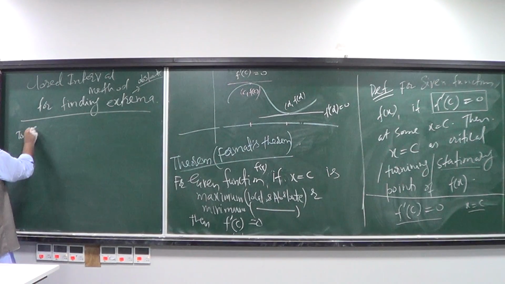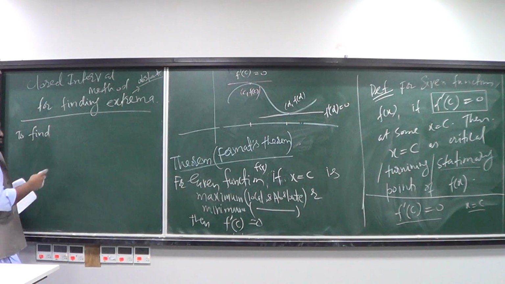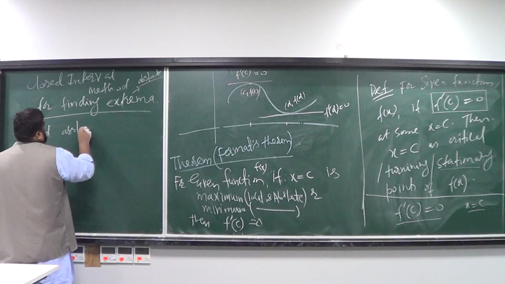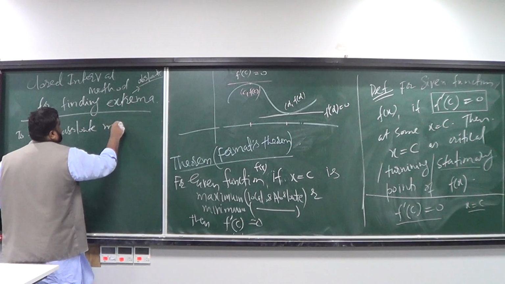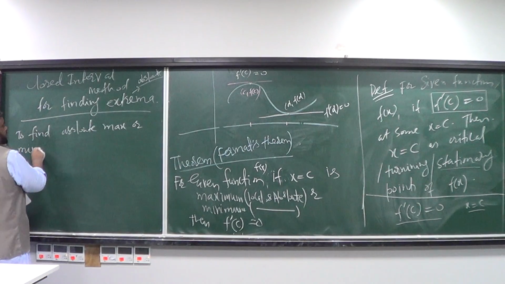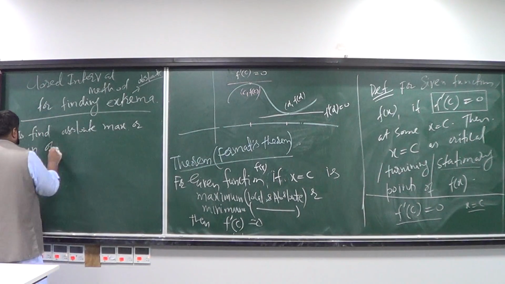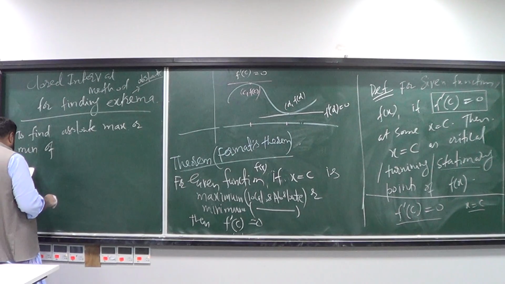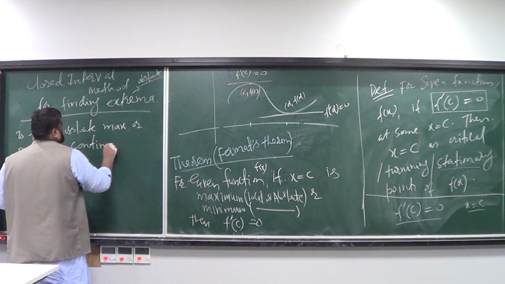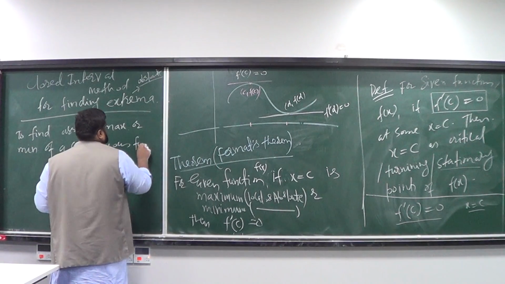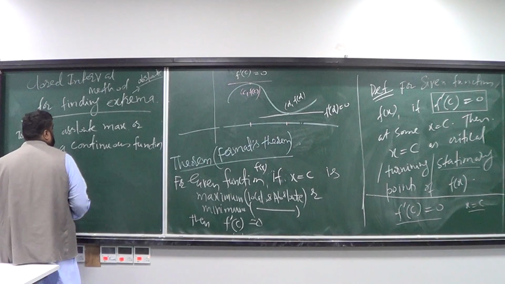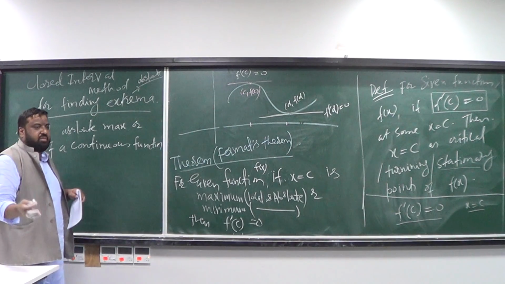And we will illustrate this method through an example. To find an absolute maximum or minimum of a continuous function, because the extreme value theorem tells us that if you have a continuous function on a closed interval, it must have a maximum and minimum.